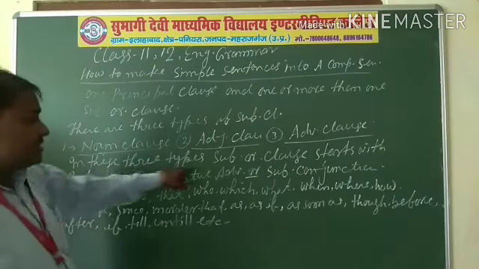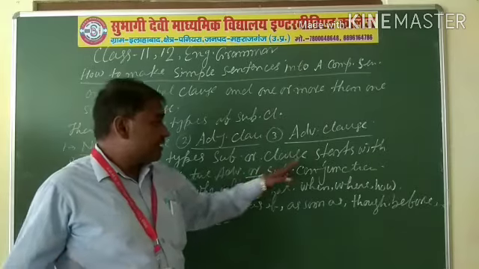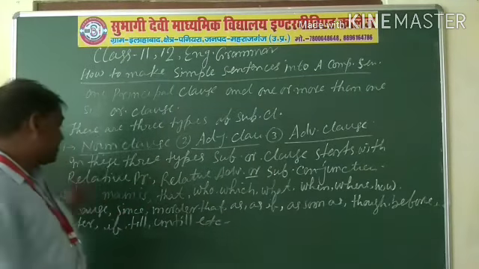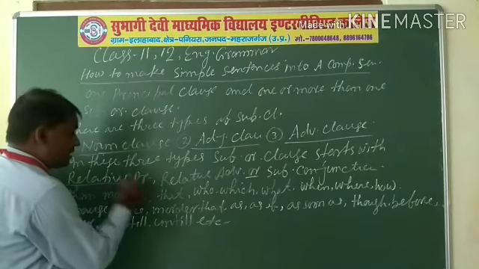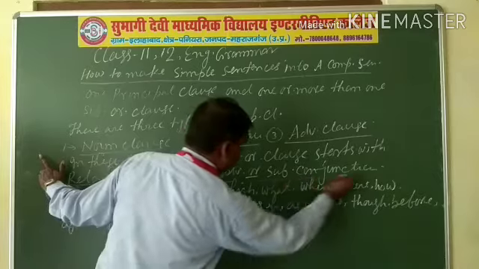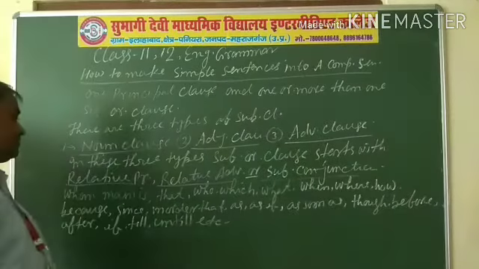In these three types of subordinate clause, the subordinate clause starts with a relative pronoun, relative adverb, or subordinate conjunction.